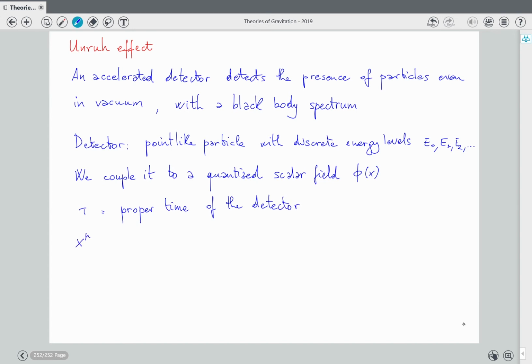And x mu of tau, since it is a point-like particle, will have a certain trajectory. That will be the trajectory of the detector as a function of the proper time.